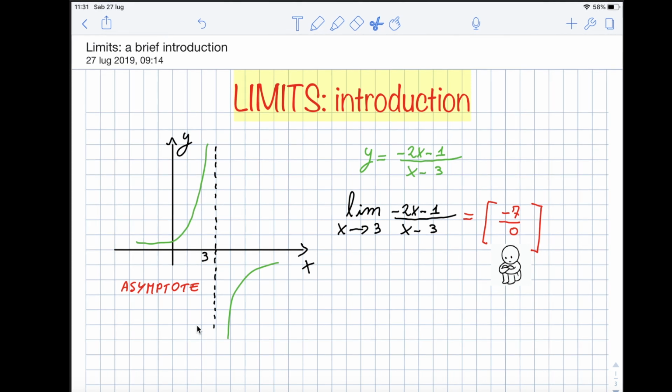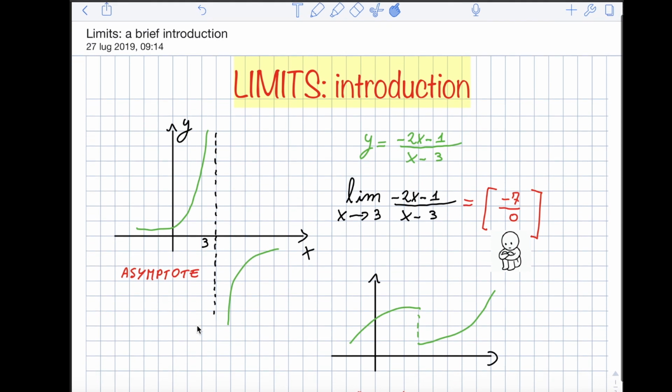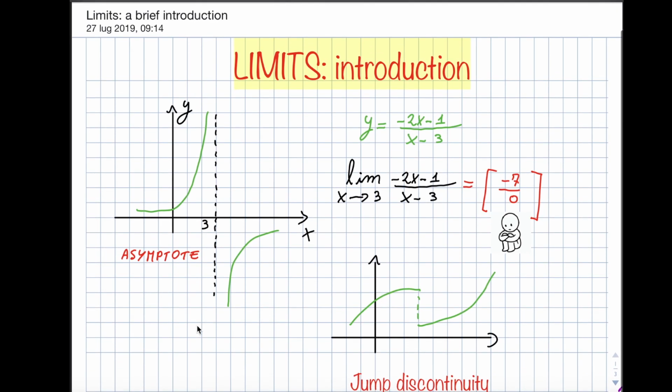In addition to the case of the vertical asymptote, there are other cases in which we can substitute x in the equation to compute the limit. Among these cases, we have the functions with a jump discontinuity, like the one you see in this picture. We'll analyze in depth all of these cases and the procedure to solve them in the next videos.